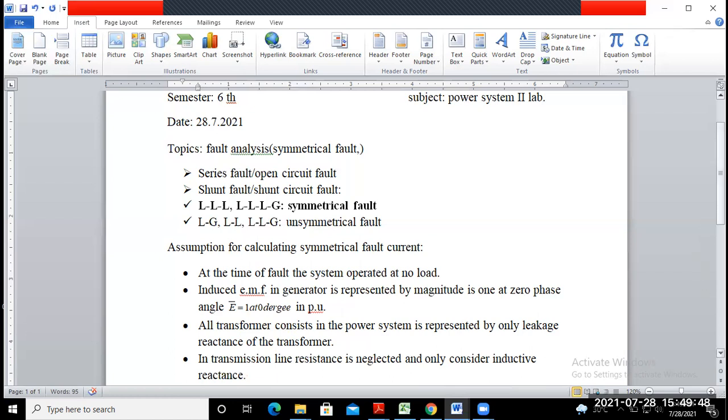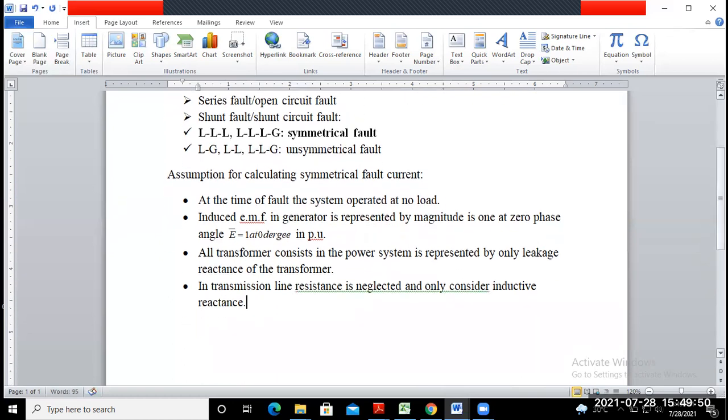Next one is, due to the balanced nature of the fault current, it makes the calculation easy. It may be solved per phase. Okay.